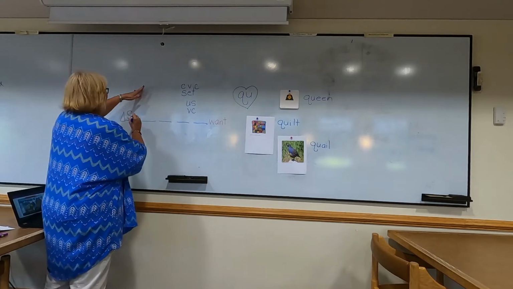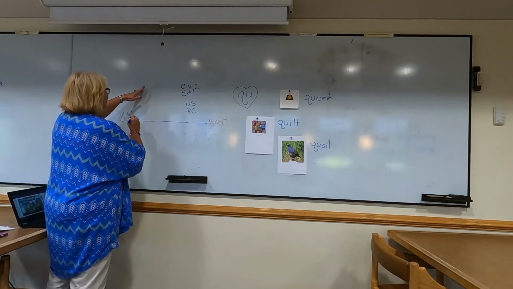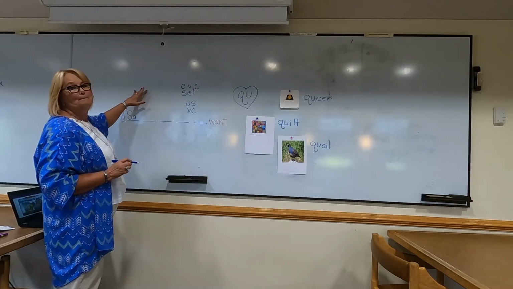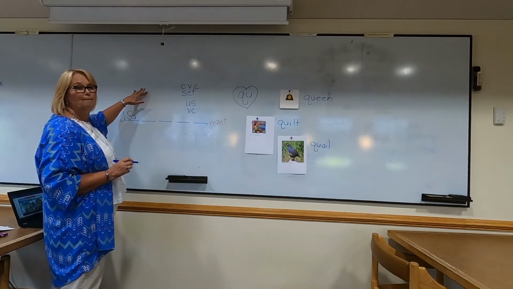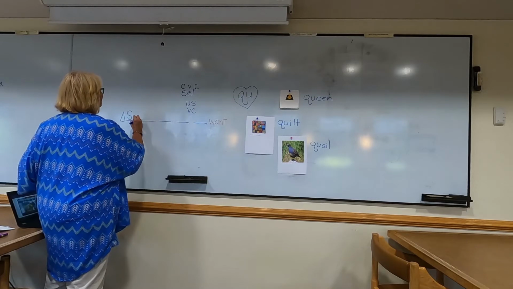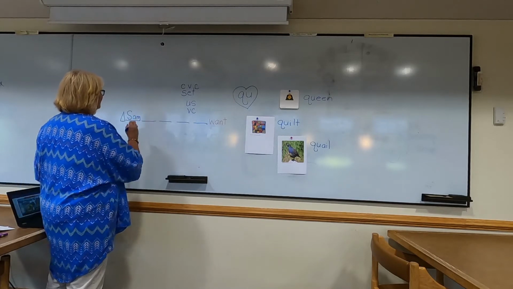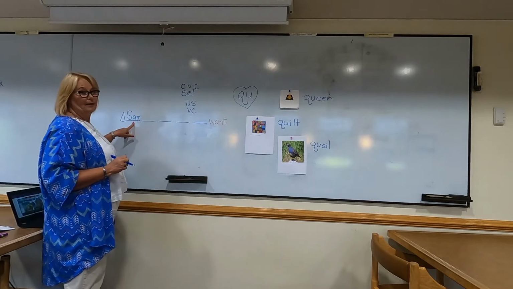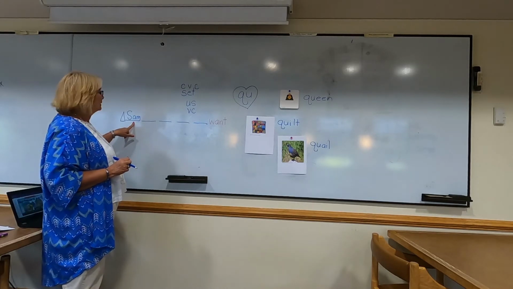I know that A, the letter A makes that A sound when it's a CVC pattern. What letter says M? Write that letter down. Does your word look like my word? Make it look like my word.